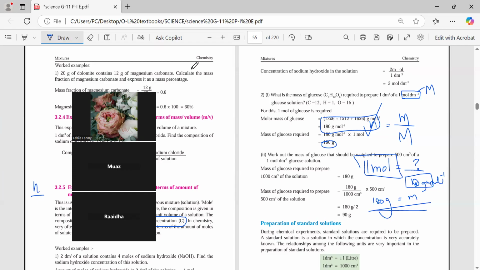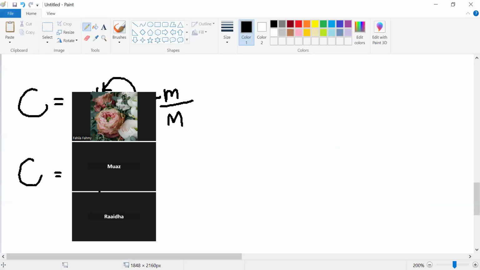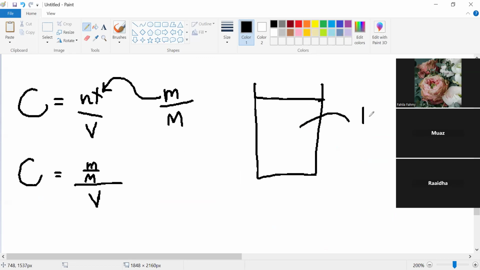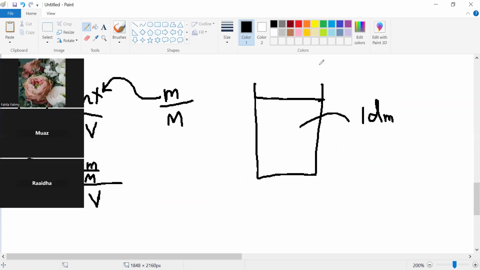So what are you supposed to do, Puta? What it means is, the simple meaning is you are supposed to take 1 cubic decimeter of water and add how many grams? 180 grams of glucose, C6H12O6.